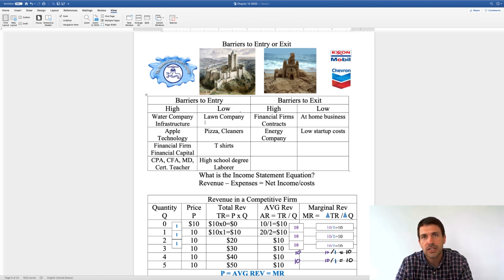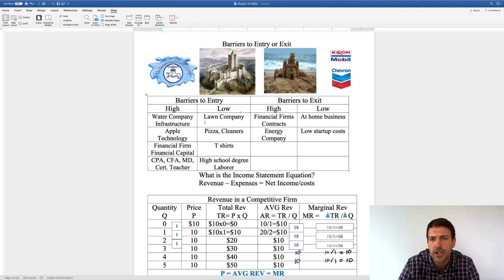So even though it kind of sucks to work really hard and get these degrees, when you get these more difficult degrees, you're actually reducing the supply of that labor, which gives you more earnings power. So that's the same thing with a CFA, certified financial analyst, a medical doctor, even teachers would have to be certified. Everyone can't do it. So certifications are a possibility of a barrier to entry into certain careers.